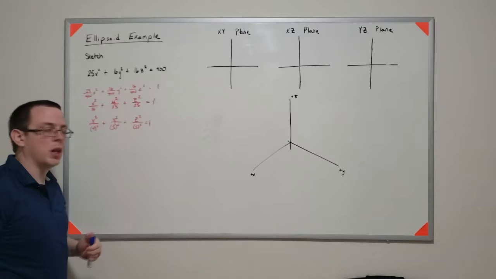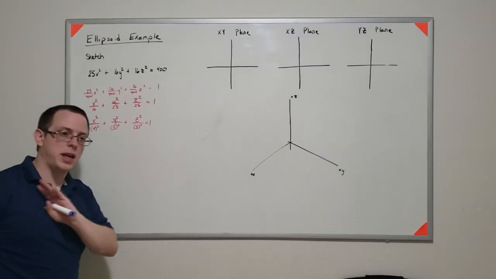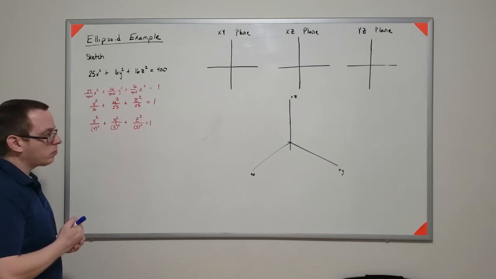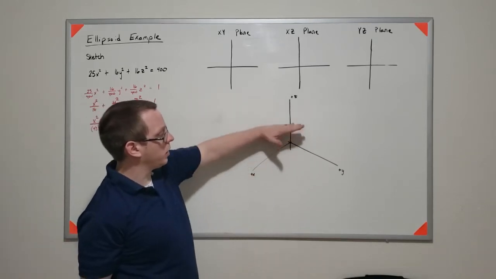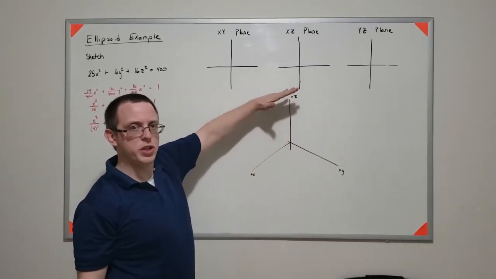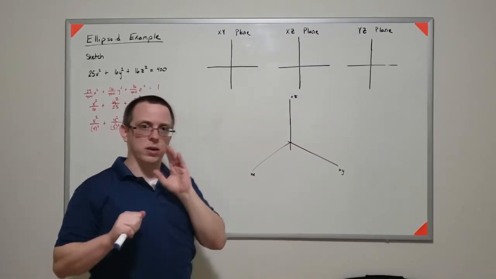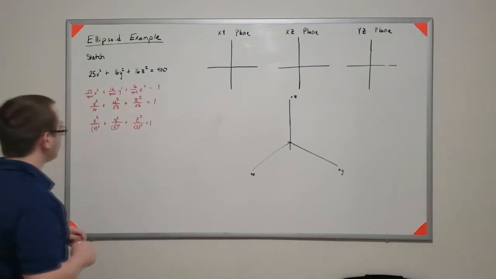So in the XY plane, let's take the case right now that z equals 0. We could be doing it in a shifted XY plane for other z values, but let's not worry about that right now. Let's just set z equal to 0.